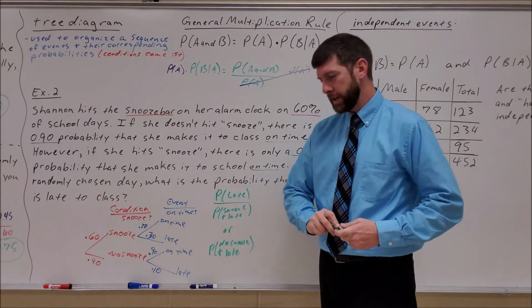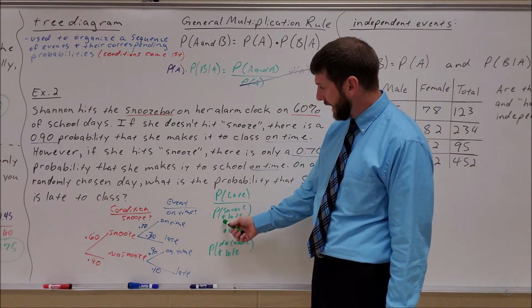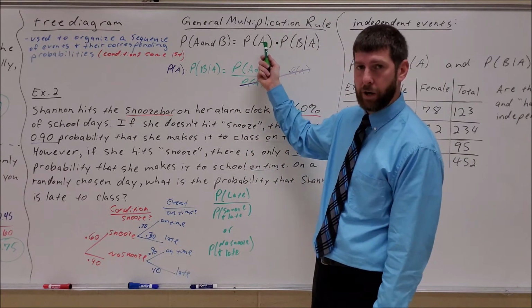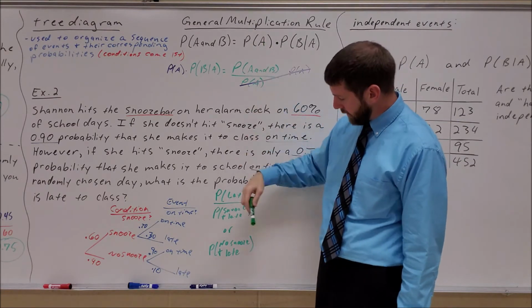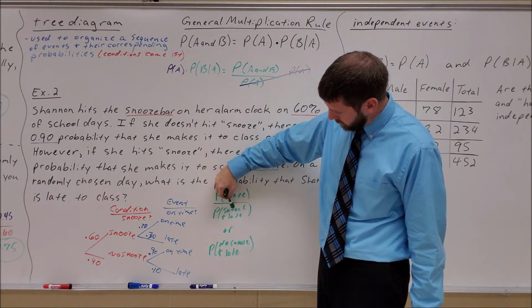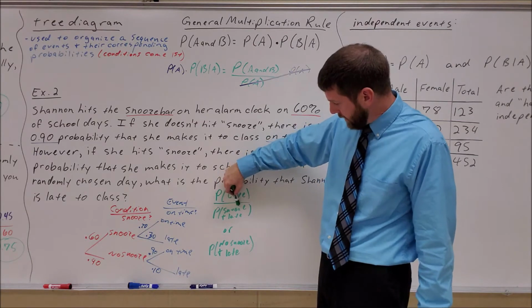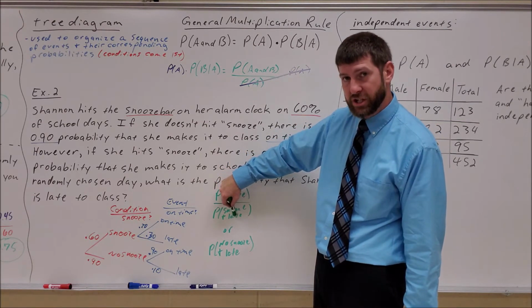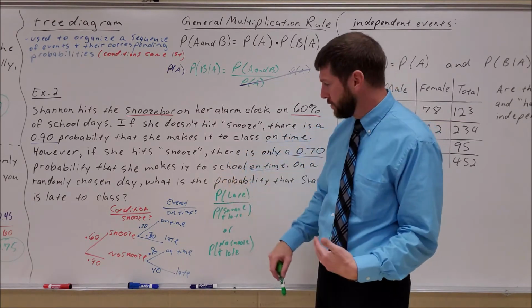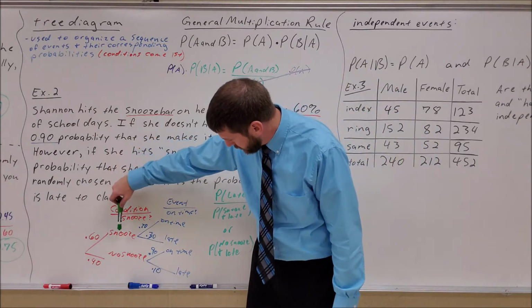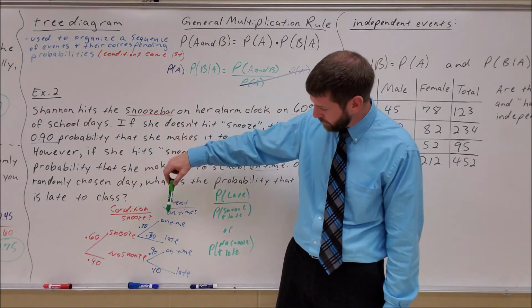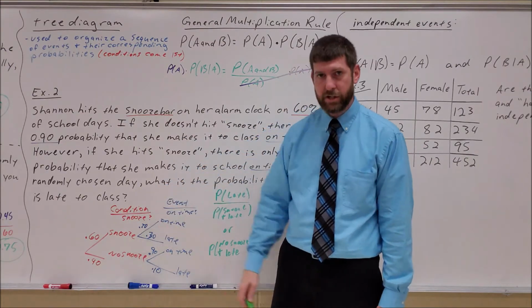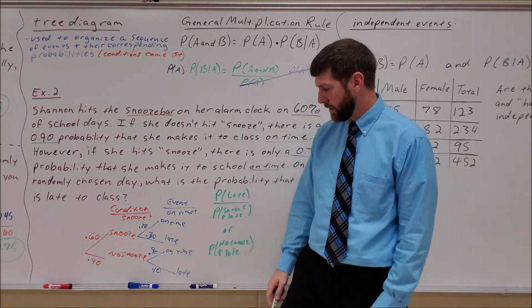All right, well, how do we deal with that? Well, we just talked about an and statement. We need to do what with our probabilities? We multiply them together. So we're going to take the probability of snooze, that's event A, times the probability that she's late given that she snoozed. So the probability that she snoozed times the probability that she was late given that she snoozed. That's all we set up right there.